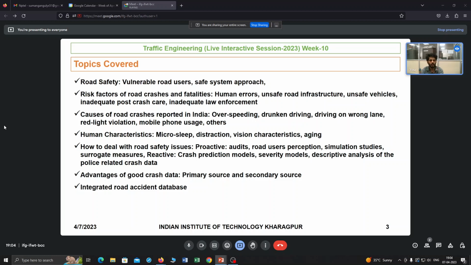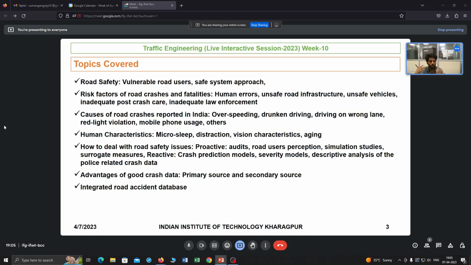So maybe we can develop a crash prediction model, and we can see what the road geometry factors are. Suppose accidents occur at a particular place, what is the width of that place, what are the types of vehicles or the types of road users involved in the crashes, and is it occurring in the daytime, or peak hours, or off-peak hours. Then we can develop a crash prediction model so that we know crashes depend on these factors.